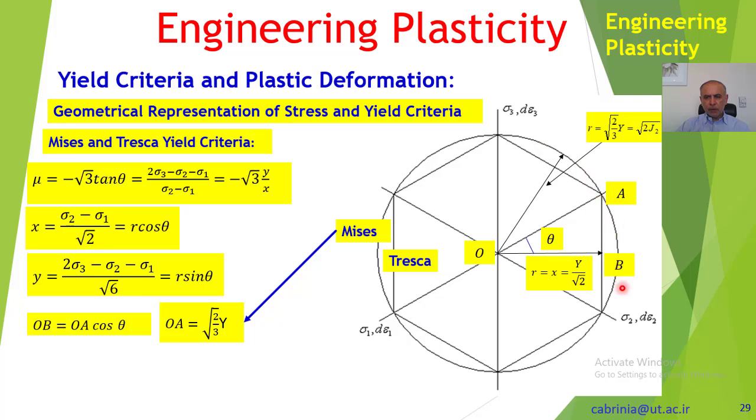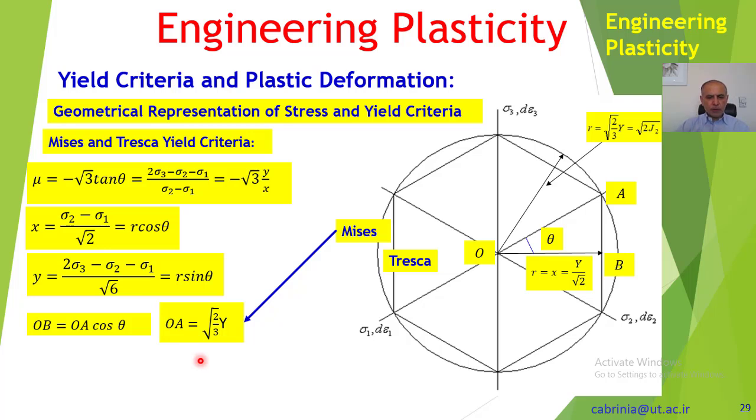The radius of the Mises circle is root 2 over 3 times y, because if we multiply by this scale any values, we get the projections onto the pi plane, and that's what we have done here.